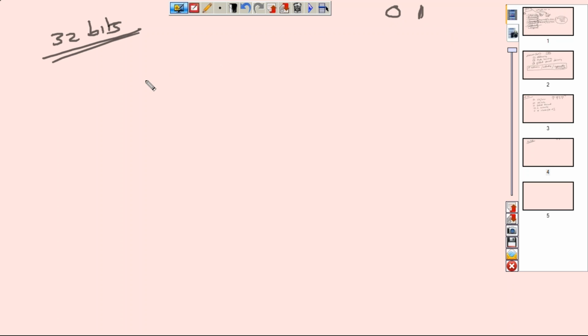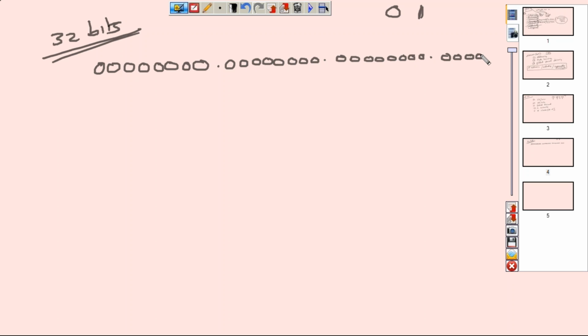Everything gets represented by that. So if we say that we have 32 bits, the starting position of an IP address would be with every bit turned off, right? Logically, if you have 8 bits and they can only be in 2 positions, then basically that's it. Everything turned off is how you start.